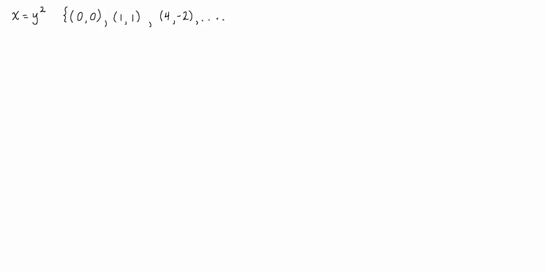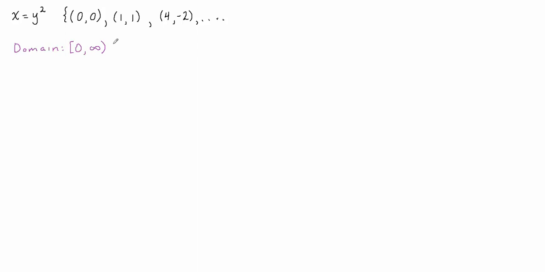The domain of this equation turns out to consist of all the non-negative numbers. And the reason you don't get negative numbers as part of the domain here is because y squared can only be 0 or positive. It cannot be negative.